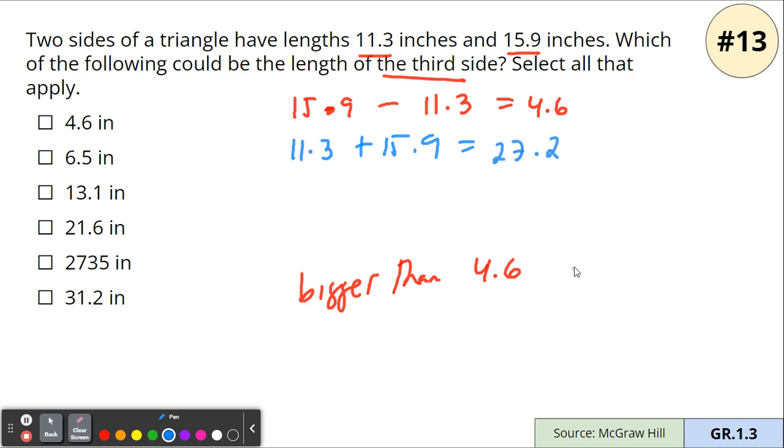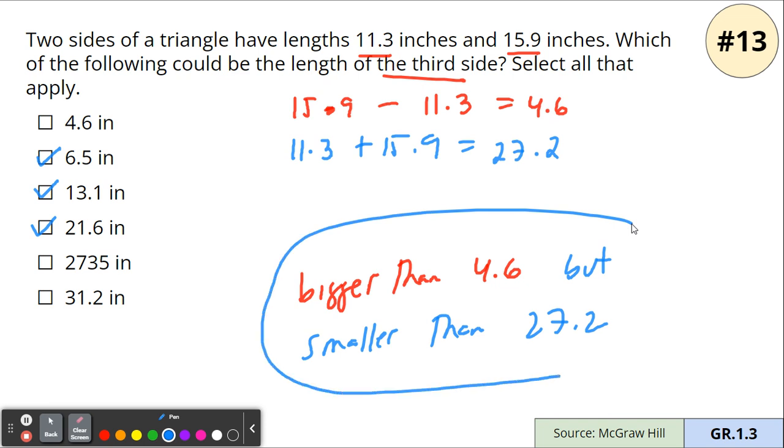Bigger than 4.6, but smaller than 27.2. So among all of these, the ones bigger than 4.6 and smaller than 27.2 will be the possible sides. The rest will not be possible sides of our third side. That's easy if you know this.